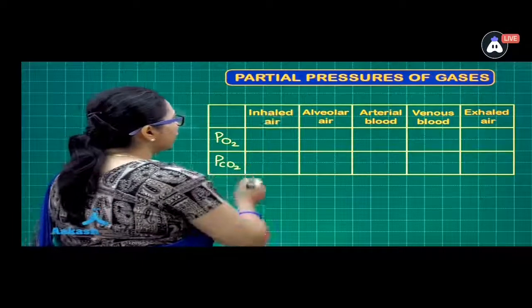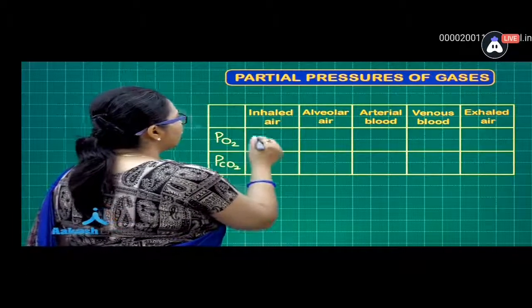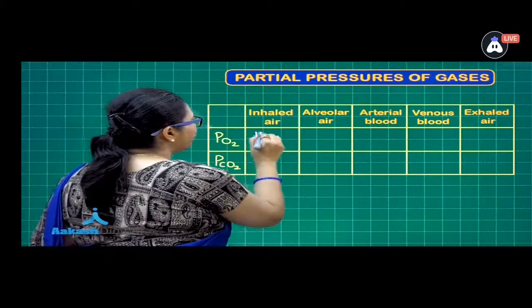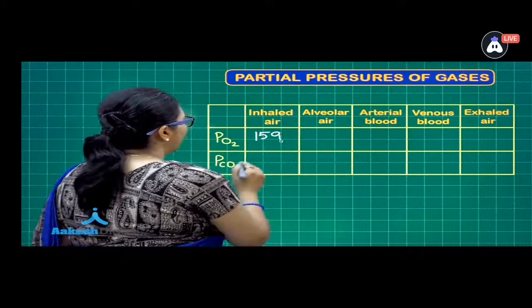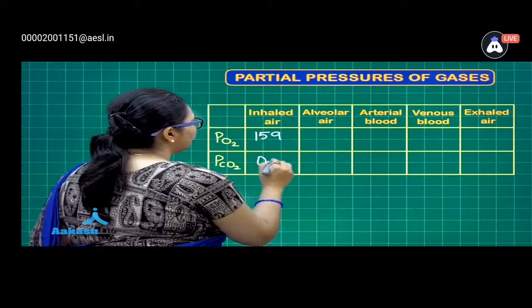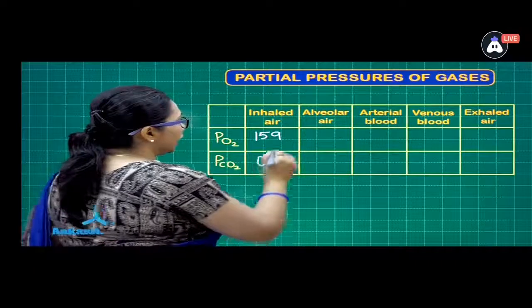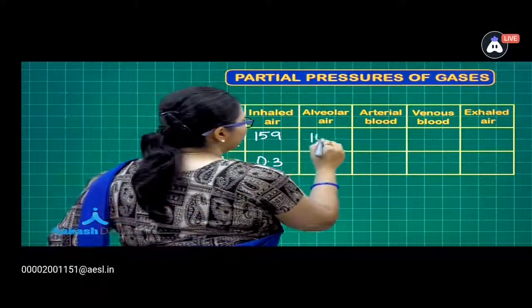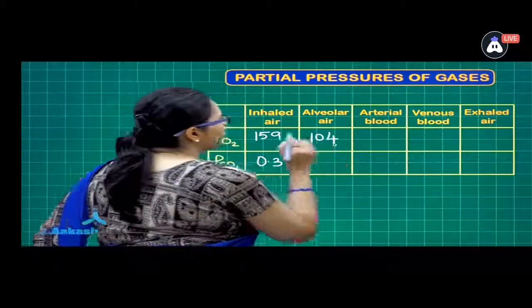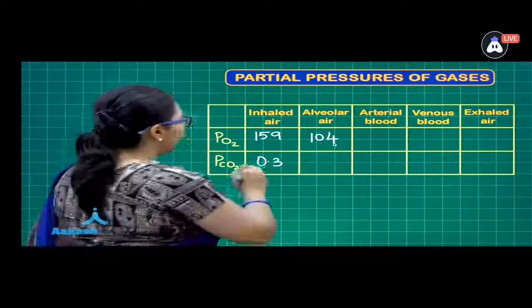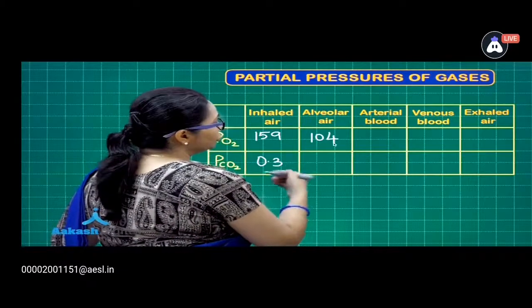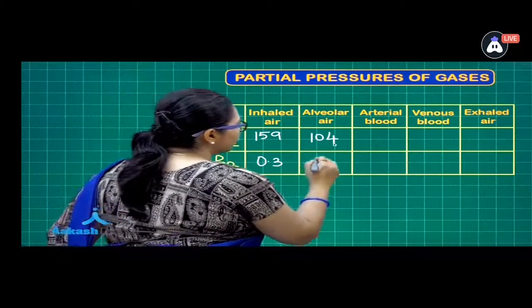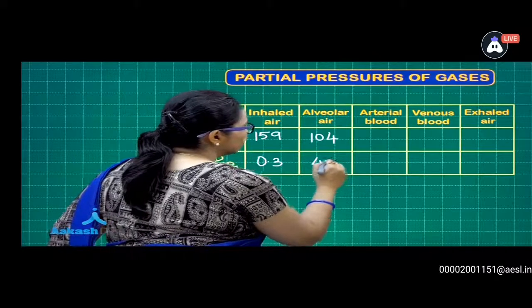So for inhaled air, PO2 is 159 and PCO2 is 0.3. In the alveolar air, this has changed because oxygen readily diffuses into the blood while CO2 diffuses from blood into the alveoli, so this increases.